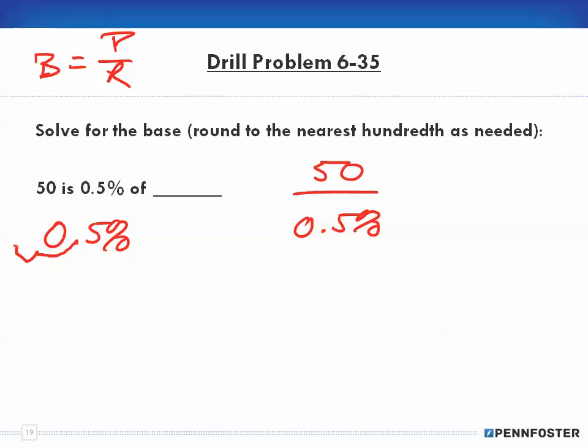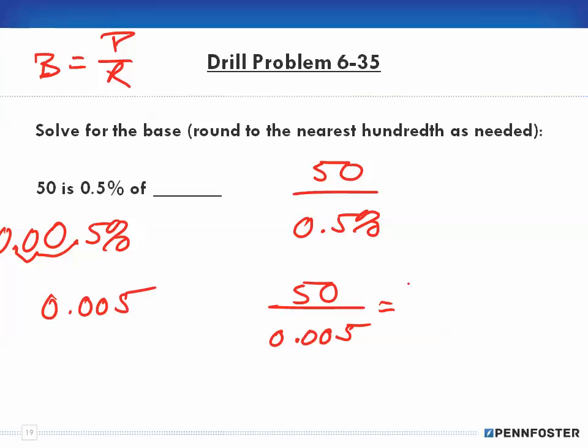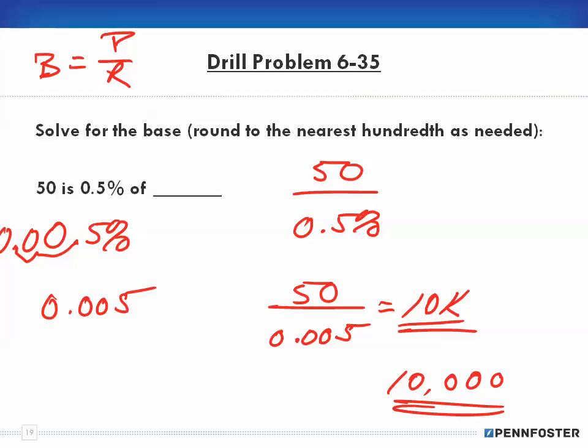So I move the decimal place over 2, 0.005. Divide 50 by 0.005. And when I punch that into a calculator, I get 10,000 as my final answer. Remember, the K represents 10 and then 3 more zeros. All right, so that's 635.